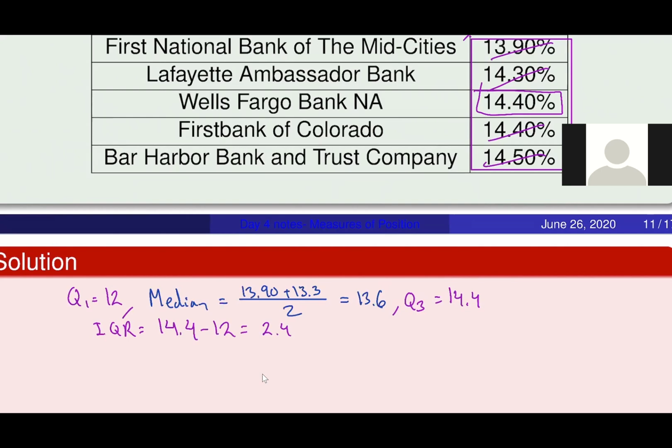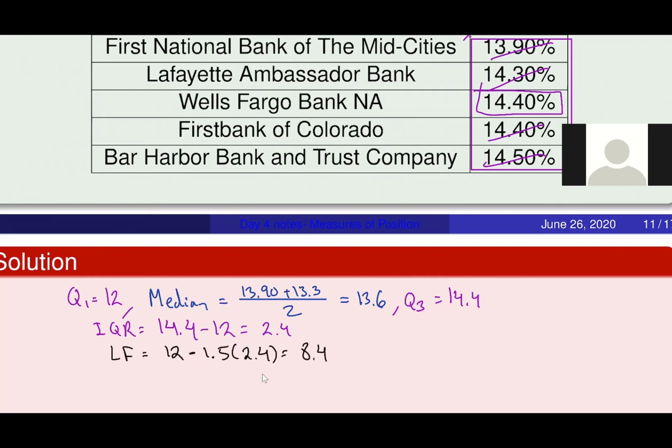Let's find the lower fence and the upper fence. For the lower fence, we take Q1, which is 12, minus 1.5 times 2.4. Let's see what that gives us. 12 minus 1.5 times 2.4 gives you 8.4.